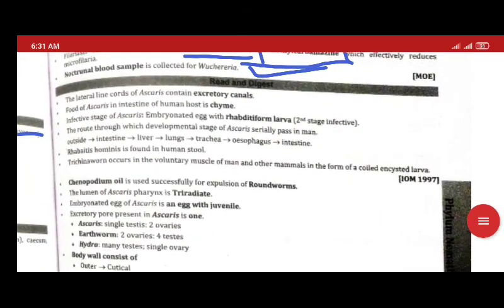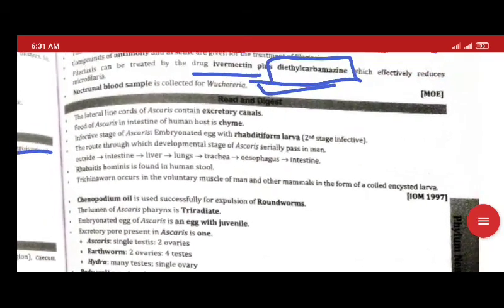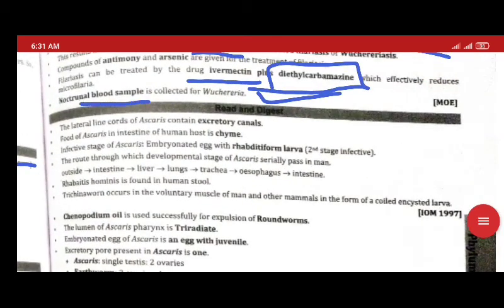Now some points on Ascaris and digestion. Blood samples are collected at night, nocturnal, so this is also important. Lateral line organs are completed in the excretory canal.